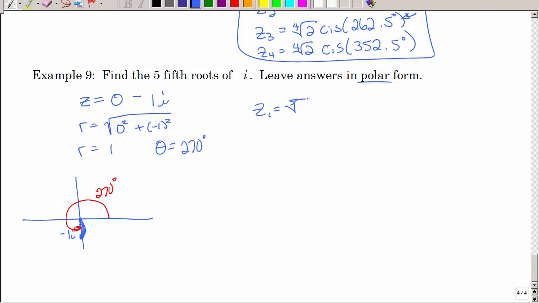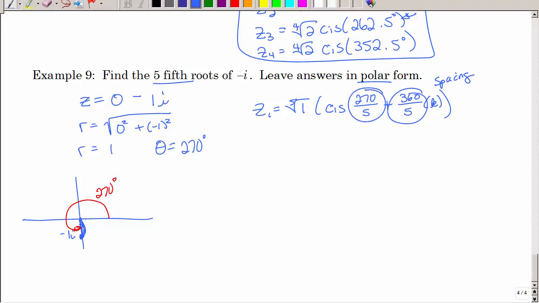So I need the fifth root of 1, which is going to be 1. Cosine i sine, your angle divided by how many roots, plus 360, again I'm going to use degrees, divided by 5 times that k. So that's our spacing. This is our beginning point.